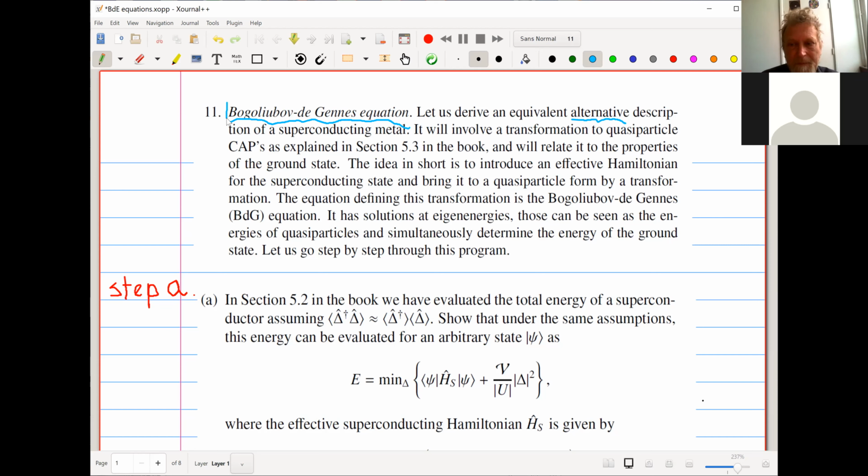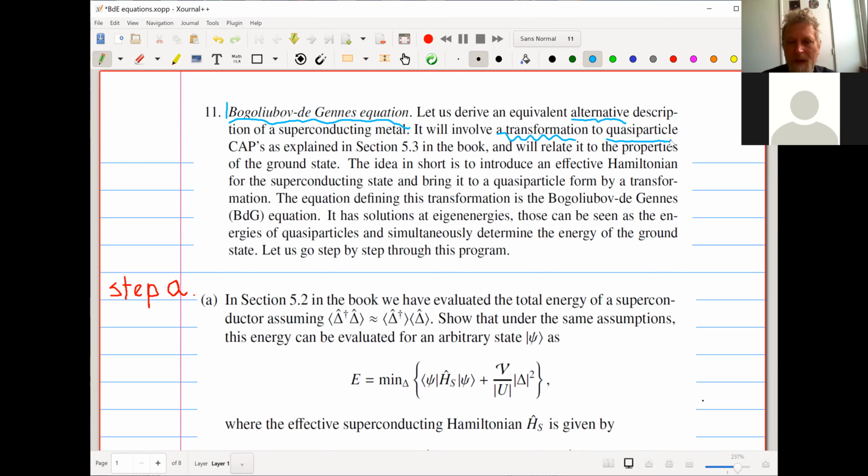Right. First of all, it will involve a transformation from particles to quasi-particles. We have had it in the lecture, but it won't be the backbone of the derivation.